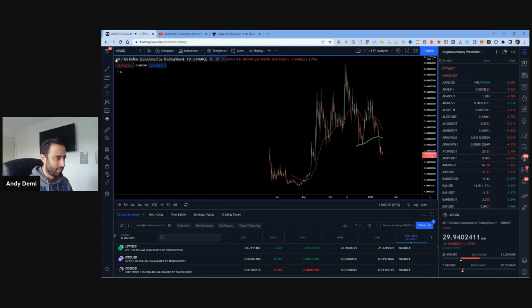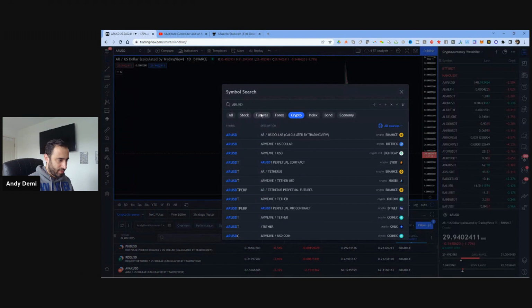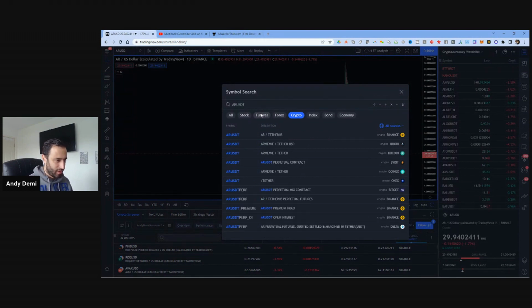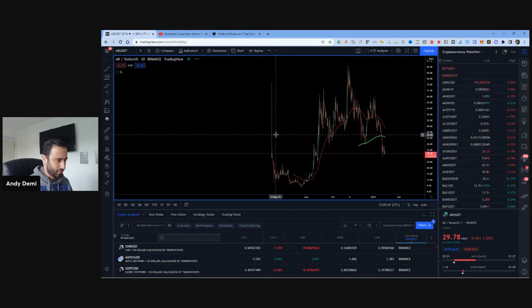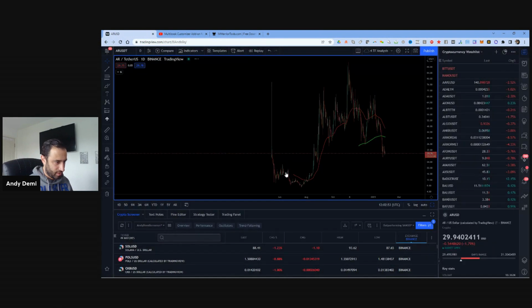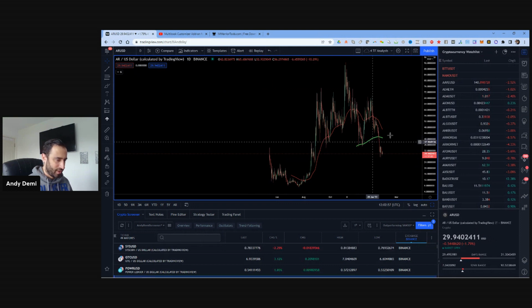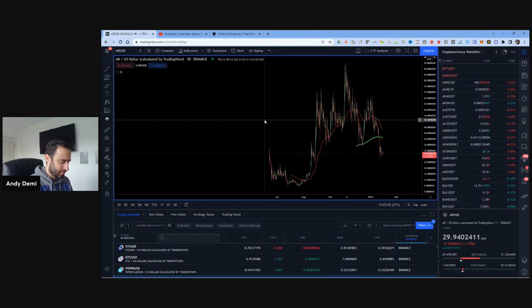So what you would do with something like this is try and find a different exchange, because there might be one where there's a bit more data. Let's see if there's a different one. ARUSD, where there's a bit more data, because you don't really want to trust this here. The 200 isn't really there.